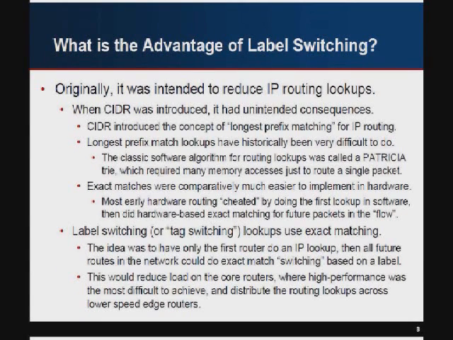Historically, MPLS was originally intended to reduce routing lookups. Before CIDR, there was no such concept as longest prefix matching. With CIDR, you have to look at a tree to do a routing lookup. You might have a /24 that's a member of a /19, that's a member of a /17, that's a member of a /16, and you've got to find the most specific prefix in your routing table.